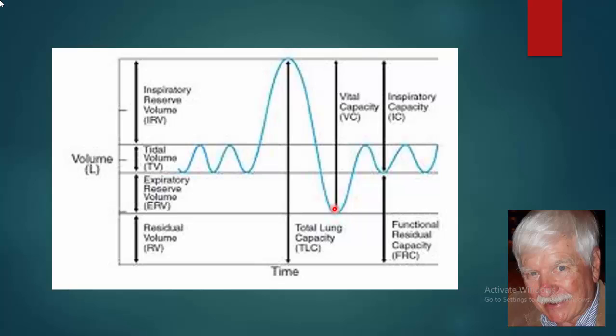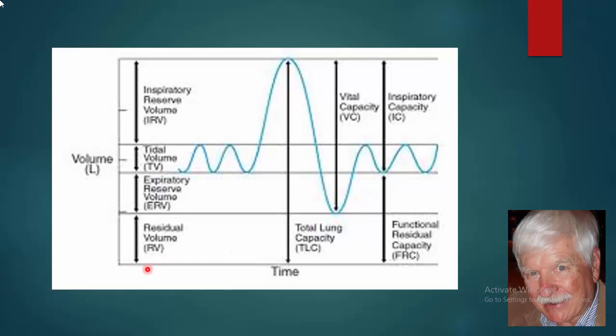And this difference right here between the normal expiration and the extra you can expire is called the expiratory reserve volume. And you can see the expiratory reserve volume is smaller than the inspiratory reserve volume. Okay? And then you go back to a normal breath, and that's tidal volume again.